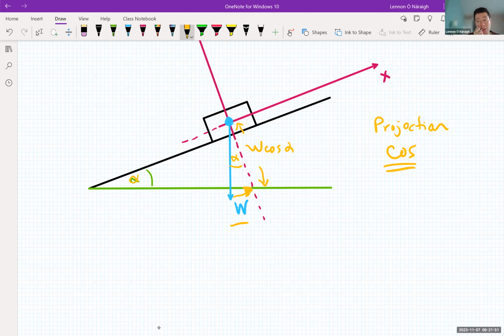And then to get the other component, well, it can't be cos. That's done. So it has to be sine. And that's the best way to think about it. So I project W onto this adjacent axis is W cos alpha, and the complementary projection is W sine alpha. That's the quick way to do it.